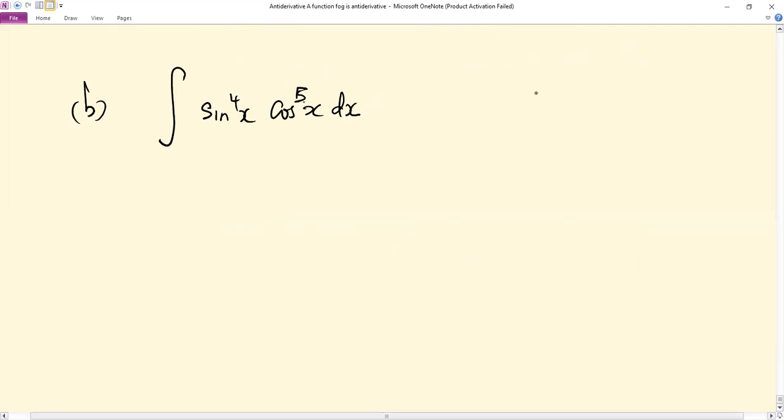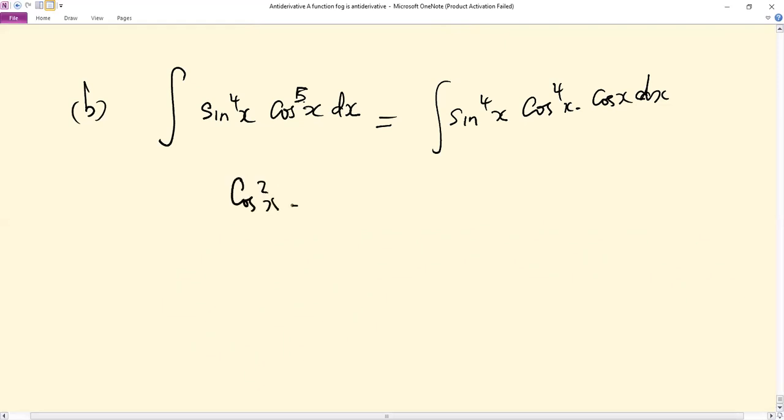So I can write this same integral as the integral of sine power 4x and then cos power 4x times cos x dx. It's still the same integral. But we know that cos squared x is the same as 1 minus sine squared x.